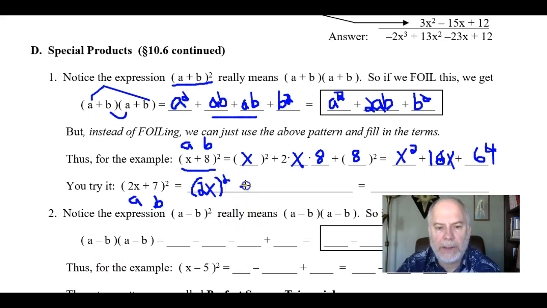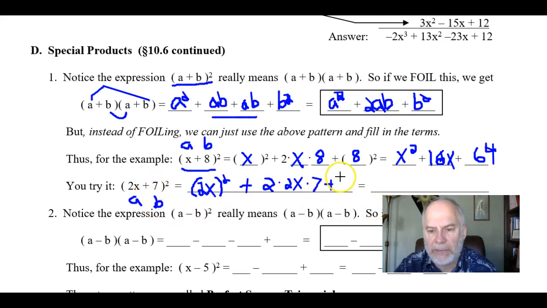All right, and then the middle term, we'd have plus 2ab, so it'd be plus 2 times a, but a is 2x. And then times b. Well, b is 7. And then last of all, we have b squared, so 7 squared.